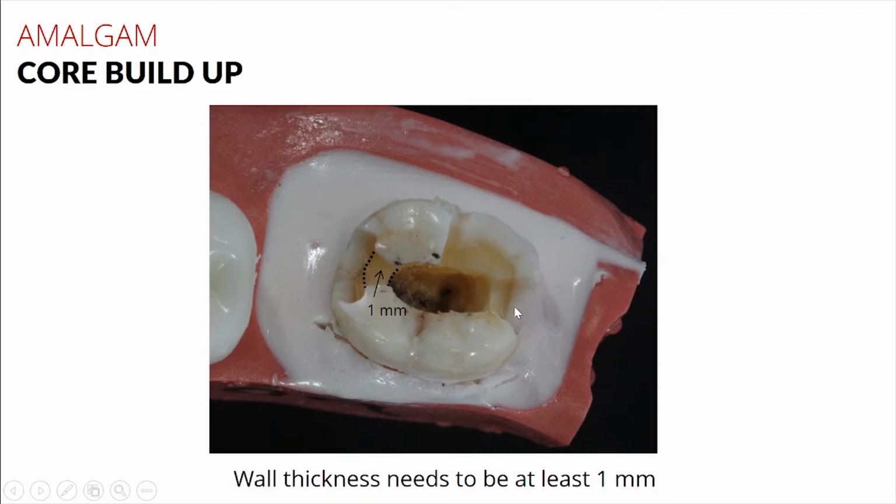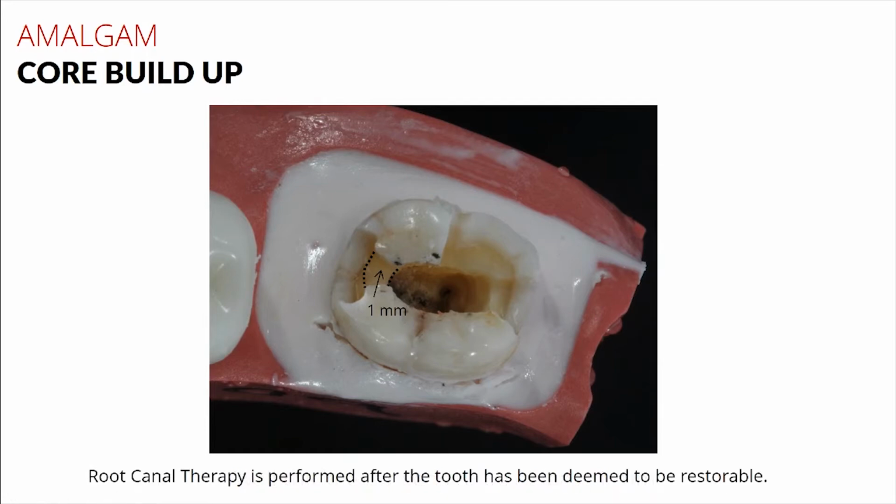You just want to make sure that nothing is so thin that as you load the tooth it's going to be an area of fracture. So anytime you have a wall that is sandwiched between the chamber and the margin preparation, you want to make sure that it is at least a millimeter thick, just for structural strength of the tooth.